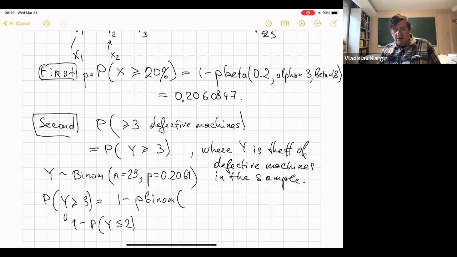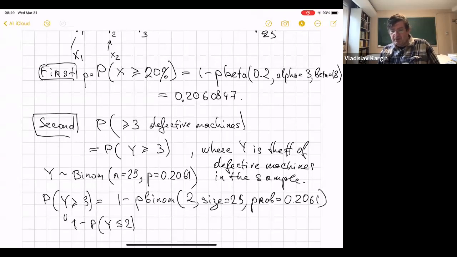So 1 minus pbinom of 2, with size equal to 25 and probability equal to 0.261. It turns out that if you calculate it, this is equal to 91%.